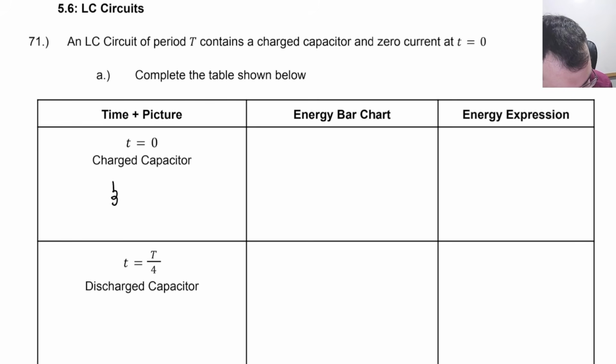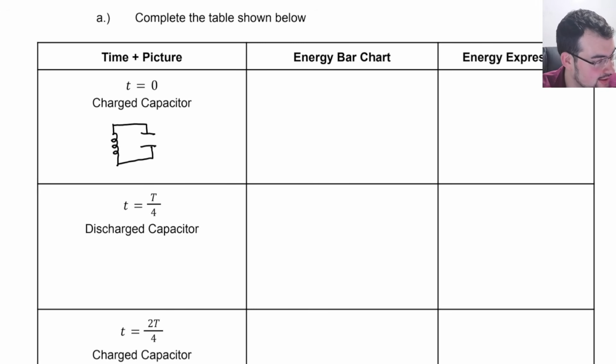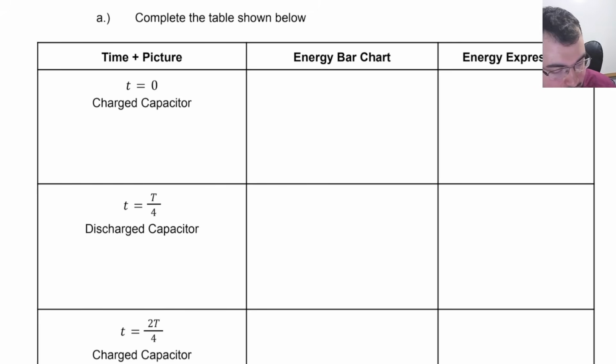Maybe I'll draw it like this to show the L, then the C. So again, we have an LC circuit, an inductance and a capacitance. And I actually don't like this picture. I don't like my inductor.